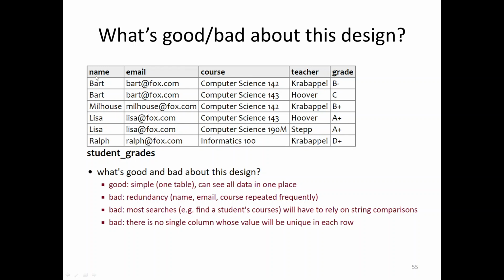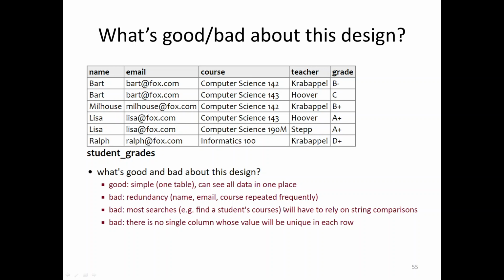Writing everything in one table, like the Simpsons table, and calling it student grades, for example, has the benefit that everything is visible, but there is a lot of redundancy. This email is repeated a lot of times, and this course name is repeated a lot of times. If there is a small typo, it turns out that Bart and Milhouse took different courses. And the teacher names, everything is getting repeated.